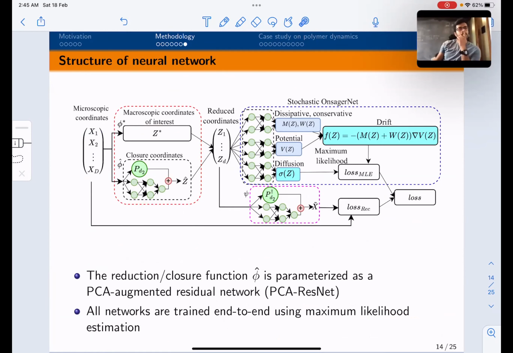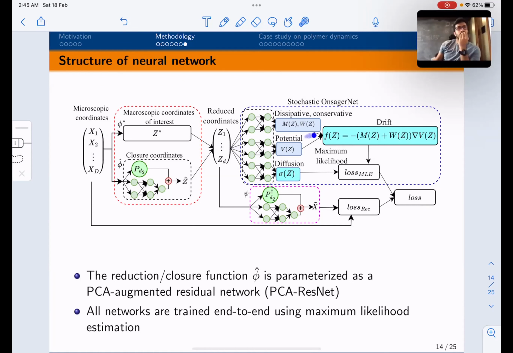We use the training data to train the neural network, and then we can get the reduced coordinates. Once we have the coordinates, we can also get the low-dimensional SDE. We use this SDE to generate our test trajectory, as we just showed.